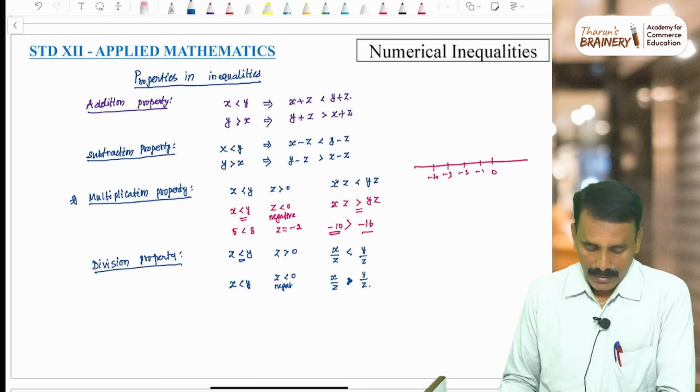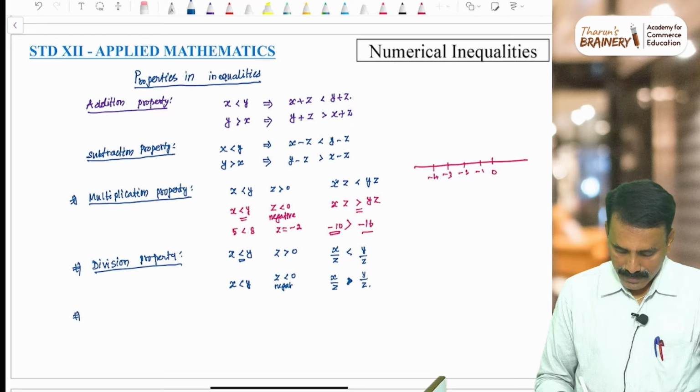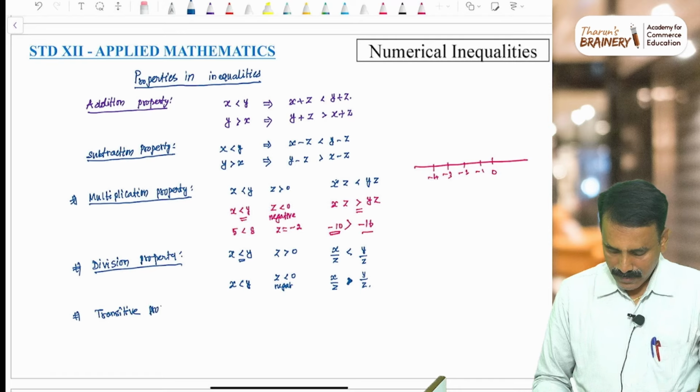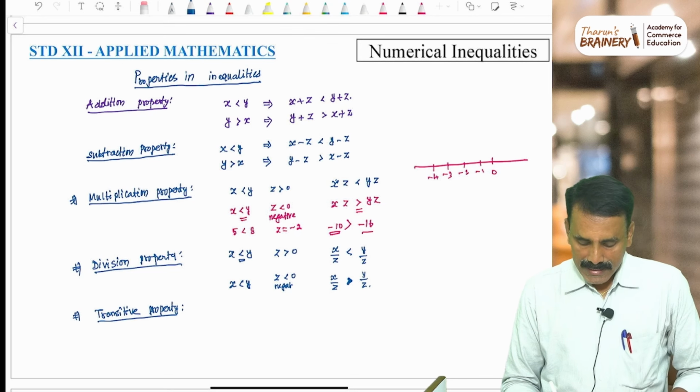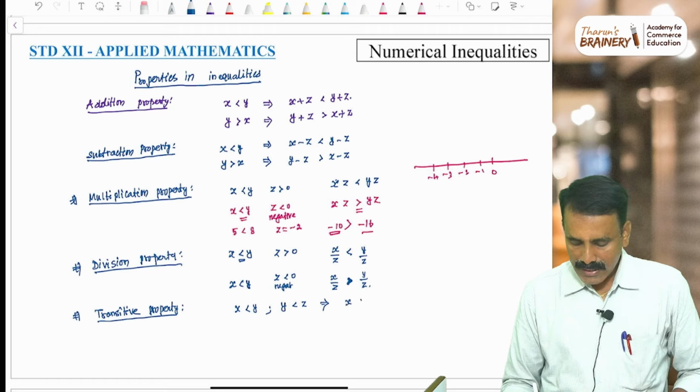Okay. Now the next one is transitive property. What do you mean by transitive property? x is less than y and y is less than z will imply x is less than z.